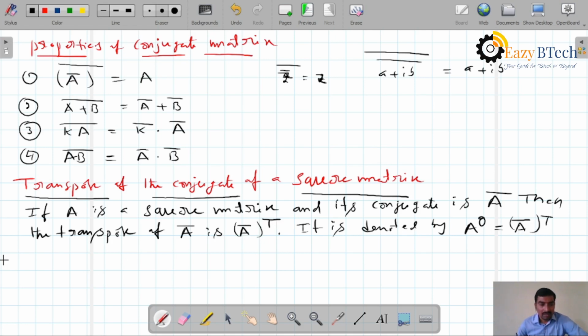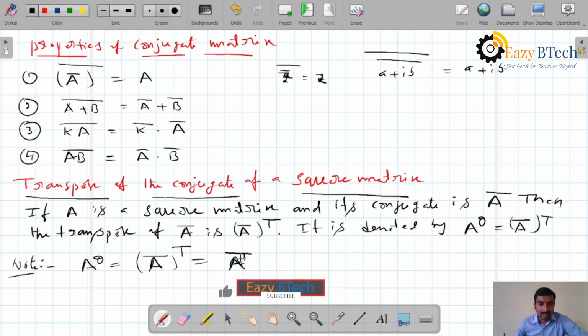Now here we have to note one thing. A power theta means A conjugate transpose. That means first we find the conjugate matrix, after that we transpose this matrix. Otherwise, first we can find the transpose of a matrix, after that we can conjugate this transpose.